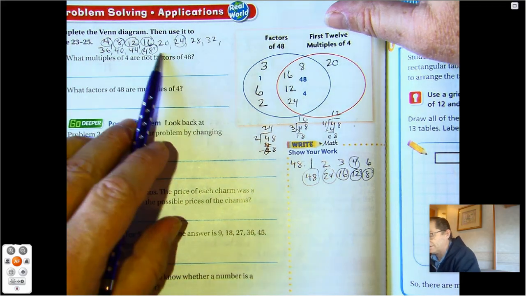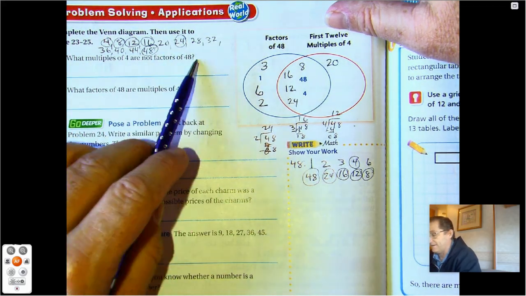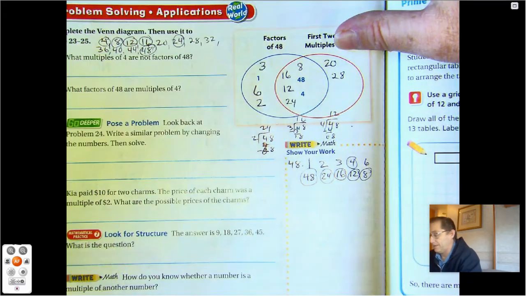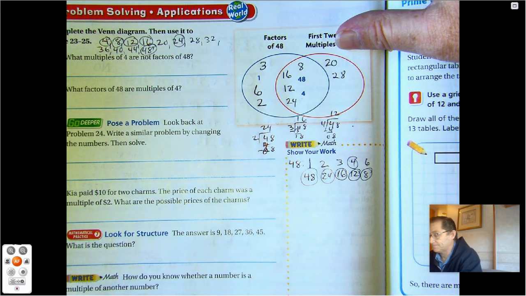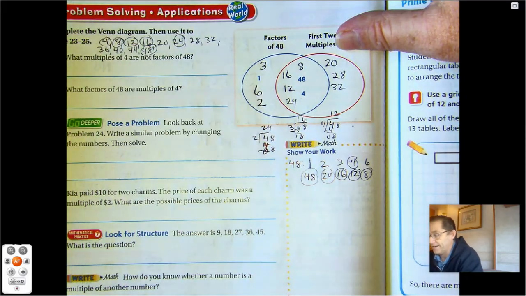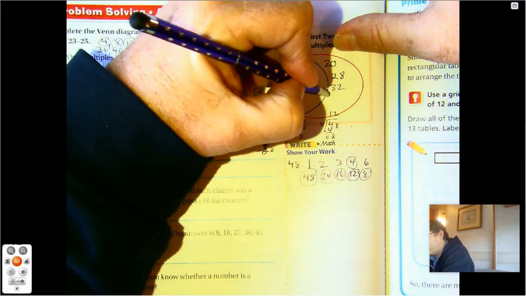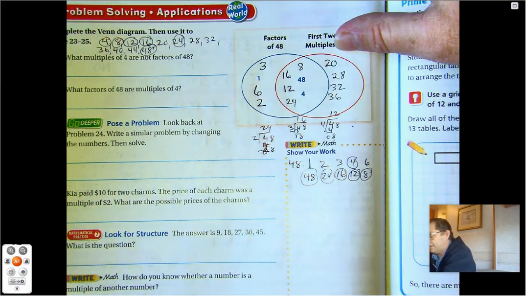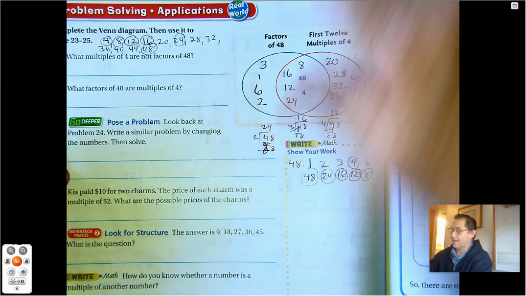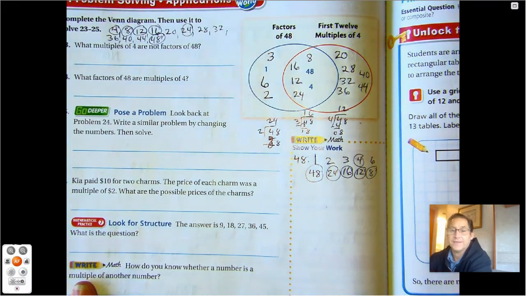And now we have some up here that aren't identified. 28 was not a factor of 48. 32 was not a factor of 48. 36, 40, and 44 were not factors of 48.